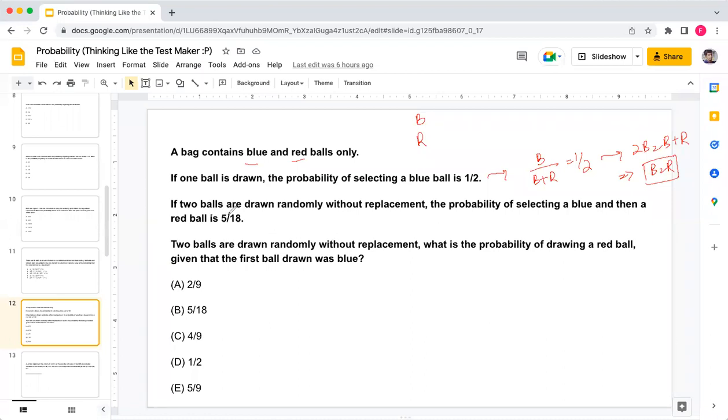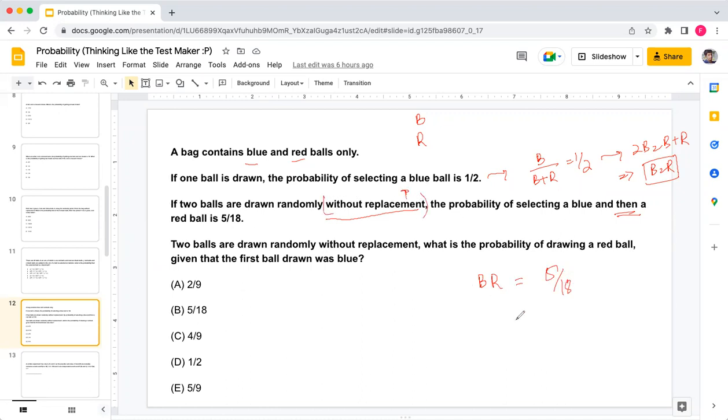Next, if 2 balls are drawn randomly without replacement, the probability of selecting a blue ball first and then a red ball afterwards is 5/18. Remember, this is without replacement.